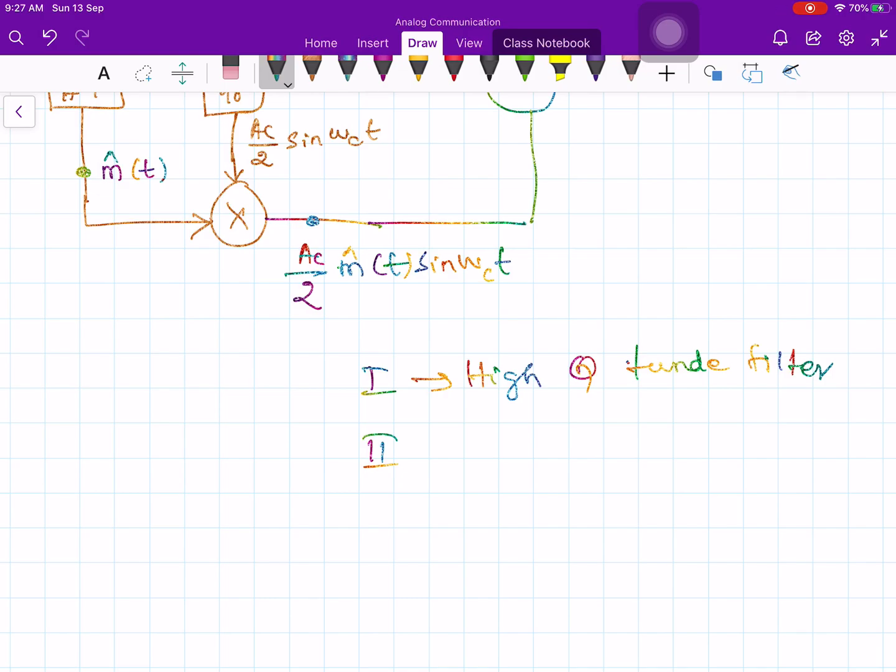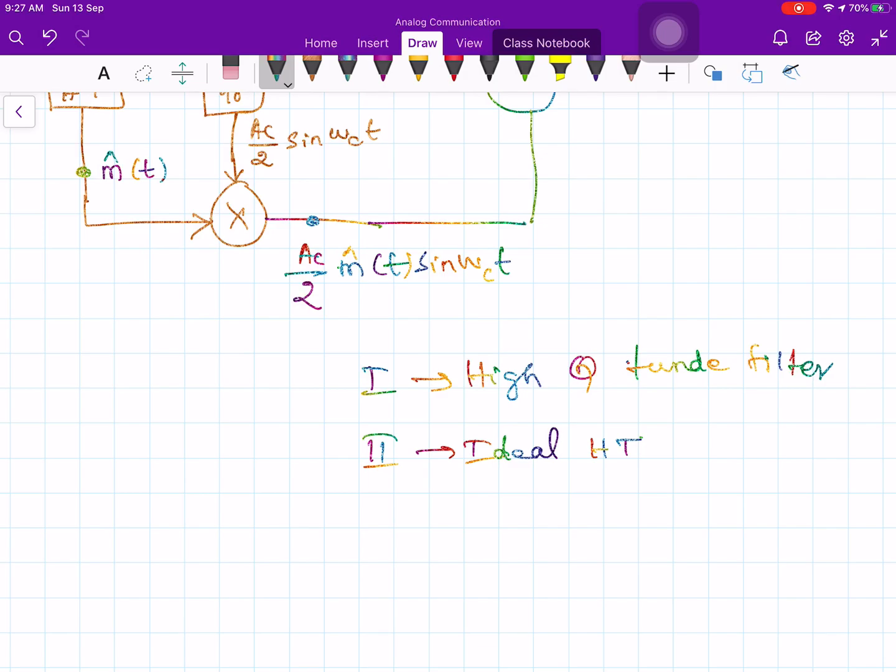That means the difficulty has been passed on from the realization of a high Q band pass filter to an ideal Hilbert transform. Here we need an ideal Hilbert transform. Again, this is also difficult. So we need to realize the ideal Hilbert transform.